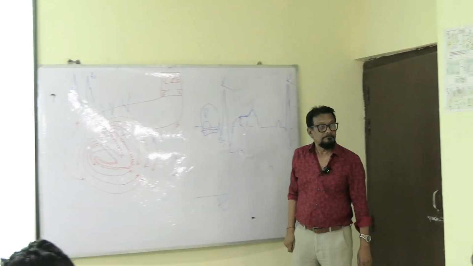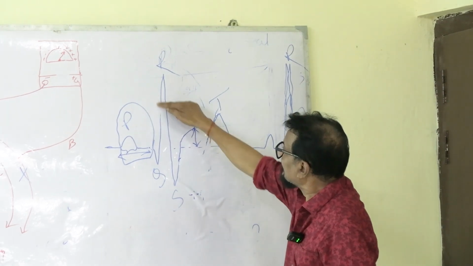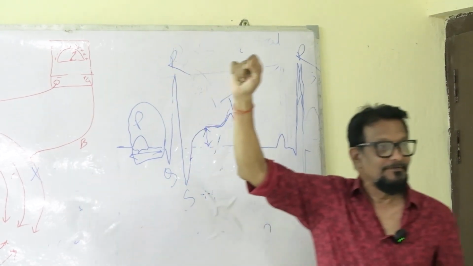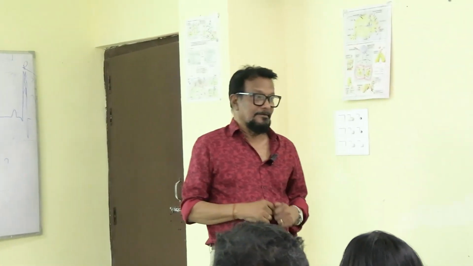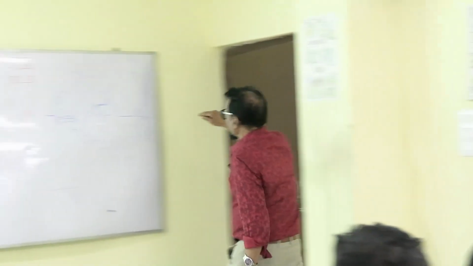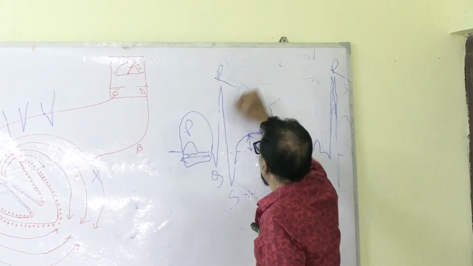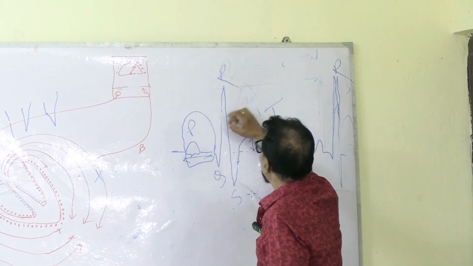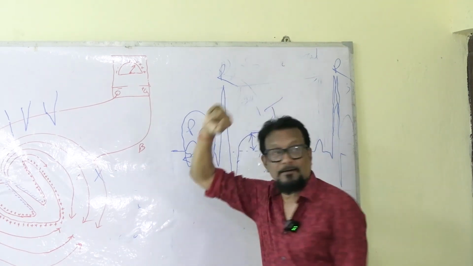This is an R wave. If it is like this, with a notch, then we call it an rR' pattern. Since this notch appears first, we write a small r, which is smaller than this, and then the bigger R'.